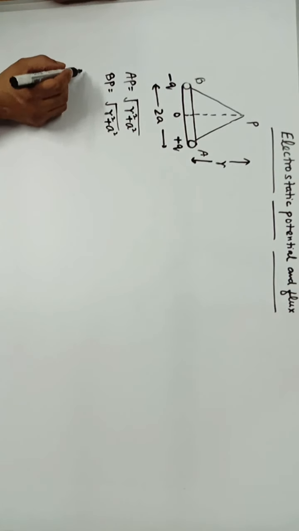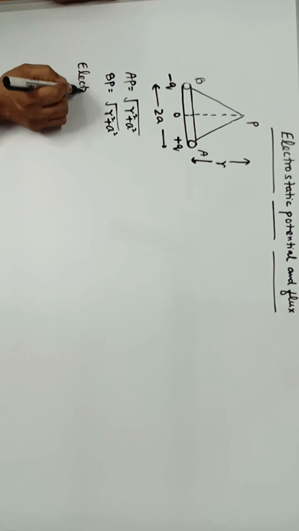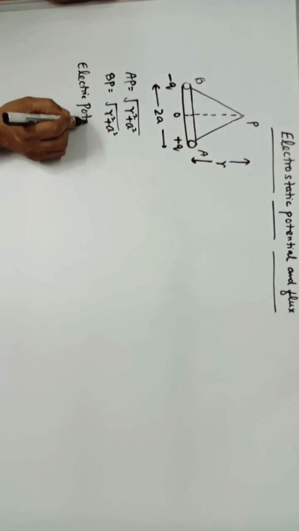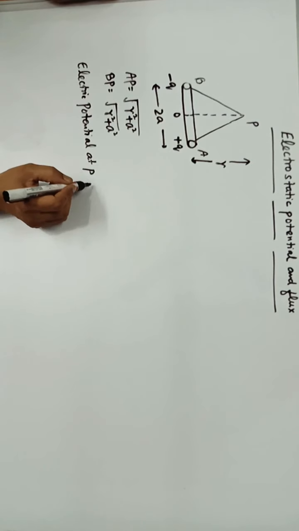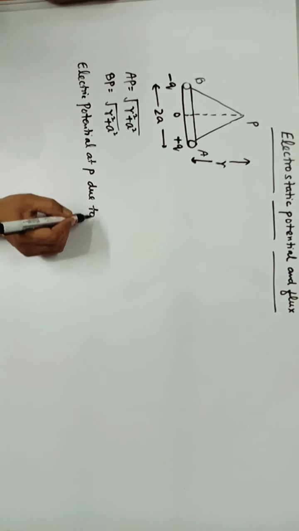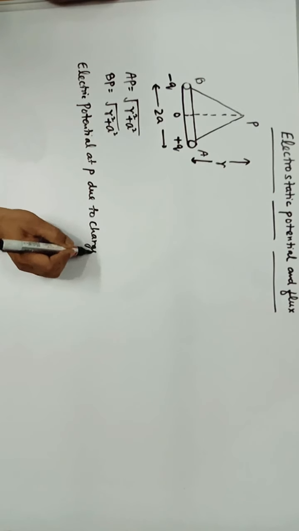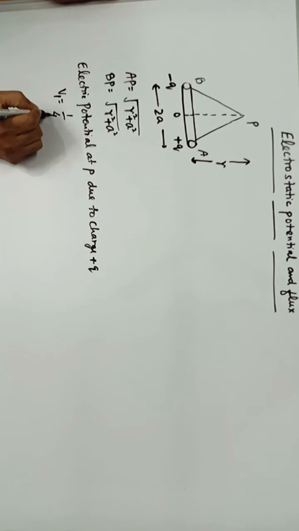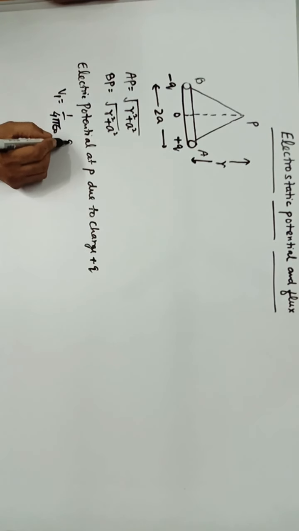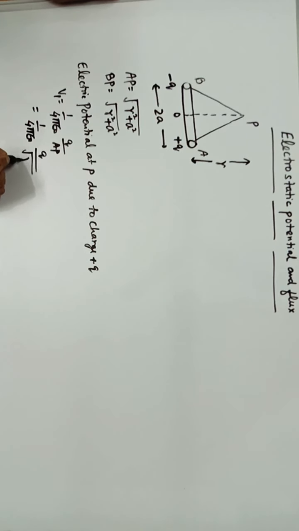So the electric potential at P due to charge plus q, V1, is 1 upon 4 pi epsilon naught q upon AP, which is 1 upon 4 pi epsilon naught q upon under root r square plus a square.